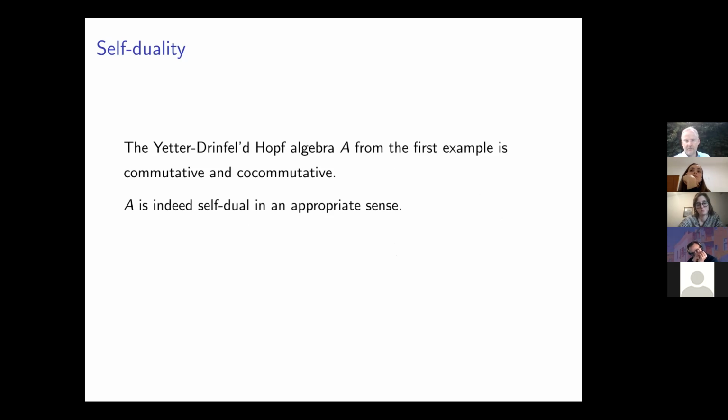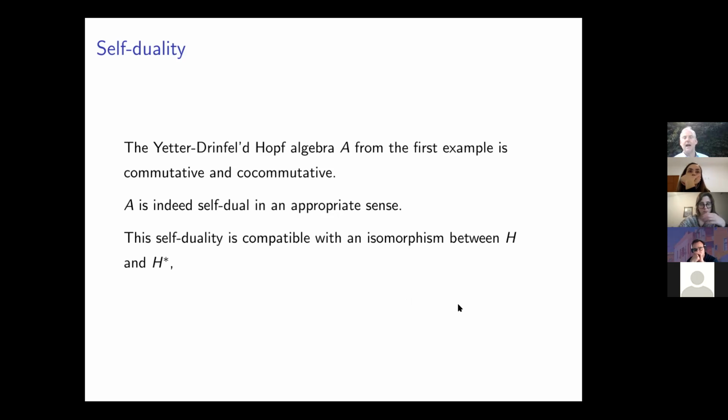Well, if you have A, it's not so clear how you turn A star into a Drinfeld Hopf algebra over H. There's some discussion necessary for this, so you have to explain how you do this. But if you do this, it works in this case, and A turns out to be self-dual. I should say all this is new and it's not contained in the papers.